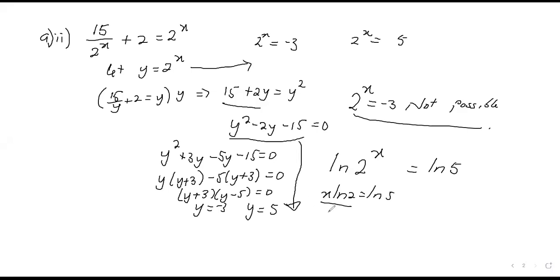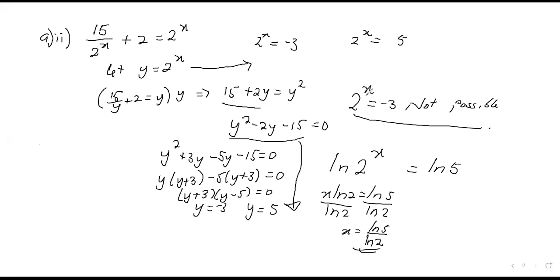If we divide by ln 2 on both sides, we get x to be ln 5 over ln 2.